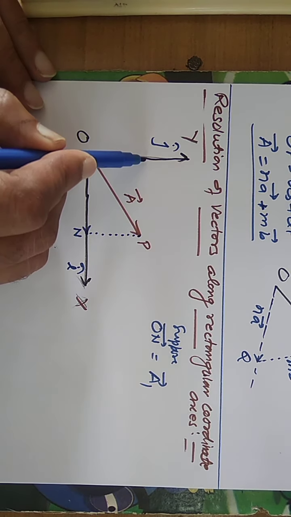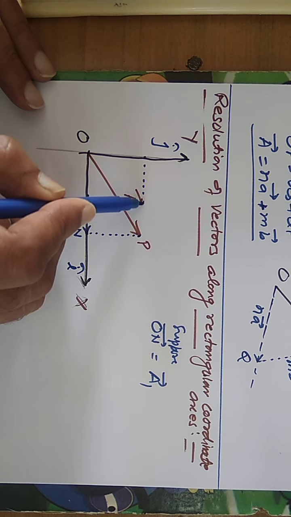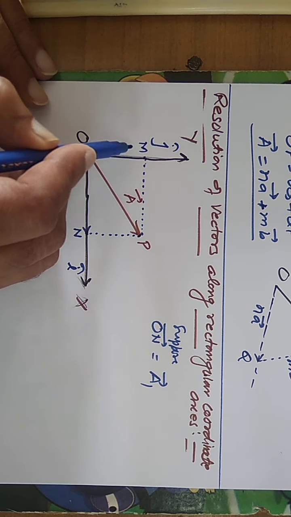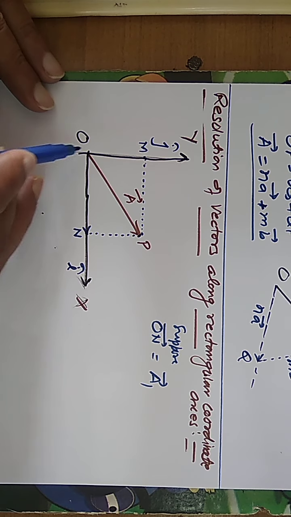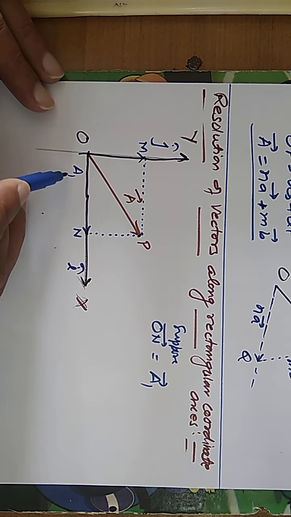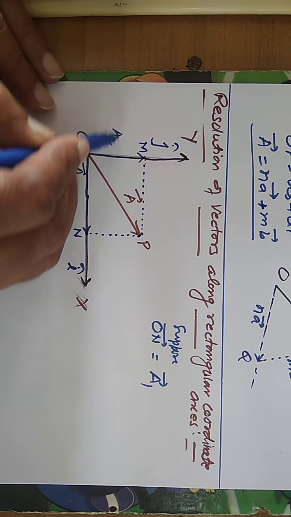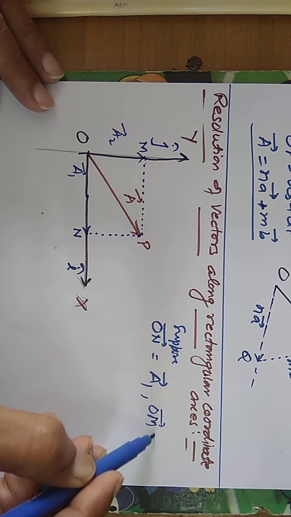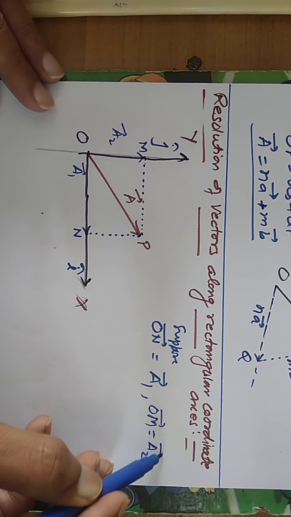Similarly, you draw the perpendicular from P on the y-axis, PM. Then this OM vector, suppose, is A2. OM is equal to A2.